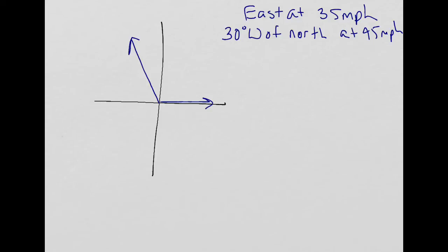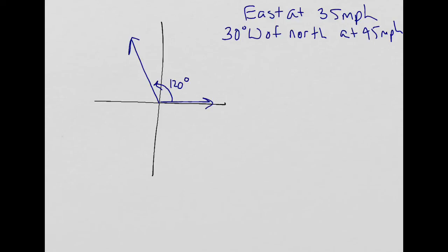So what that really means, east, we're heading this way, north would be up here, another 30 degrees west of north, and a lot of navigation is measured in degrees. We haven't quite gotten into radians yet. Means that this angle is 120 degrees.